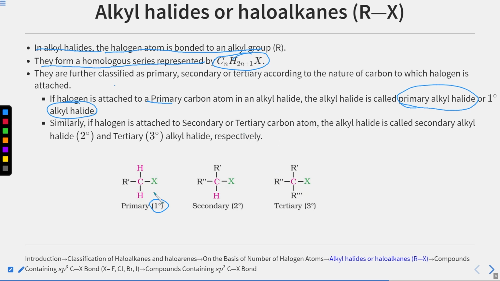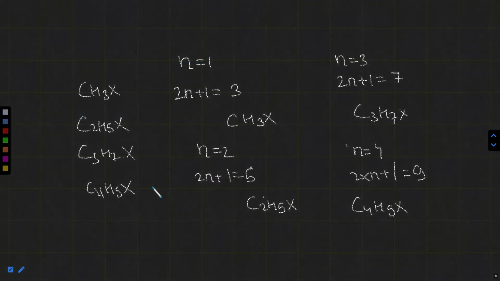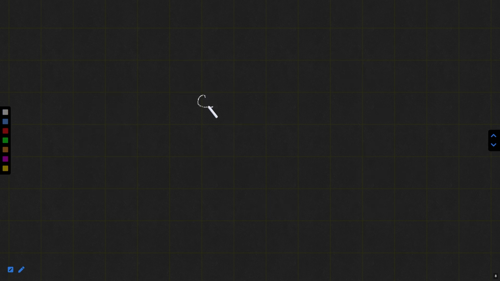So here we have an example. So suppose this is a primary carbon. Why? Because this carbon is attached to only one carbon. So we've seen an example right now here also. If we expand this one, that is C2H5X, it would look like this.